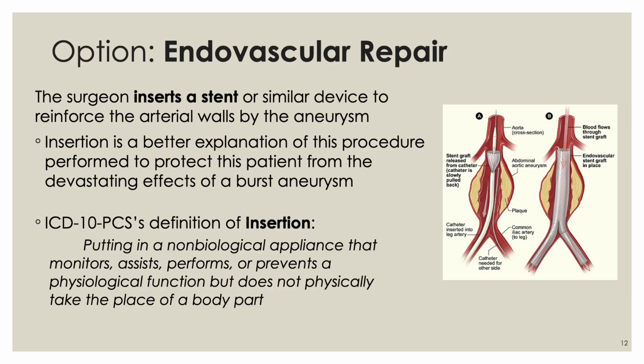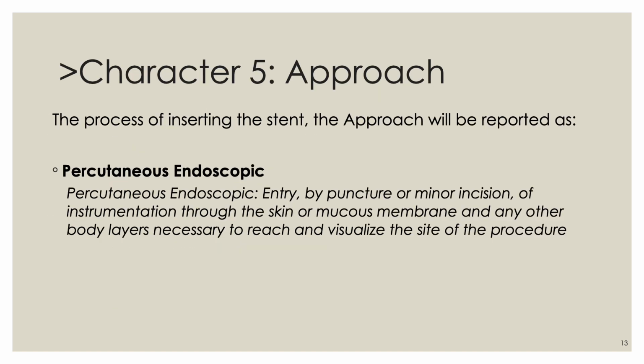All right, now we're going to move on. The fourth character, as you know, is going to be this specific anatomical site. And then we'll go to the fifth character, the approach. Now, as you saw in the picture, and as I described, the physician is going to make this incision into the patient's thigh to put the catheter into the femoral artery.